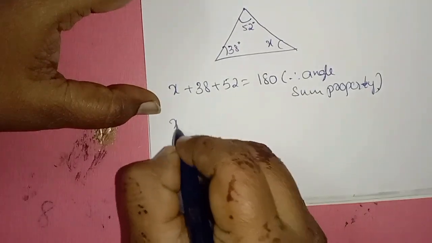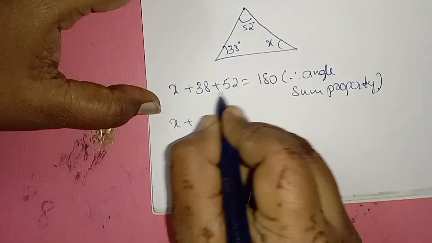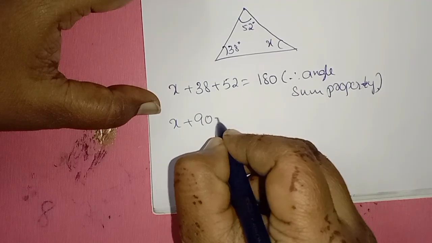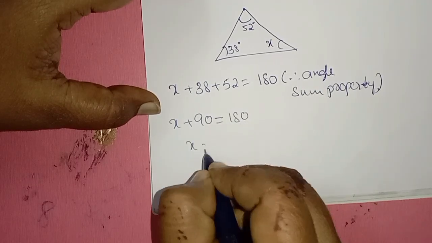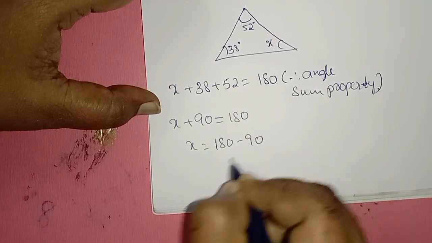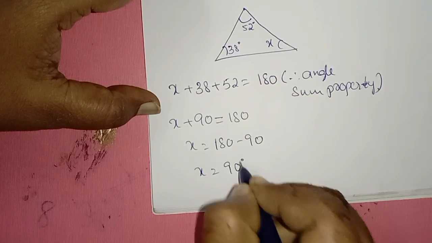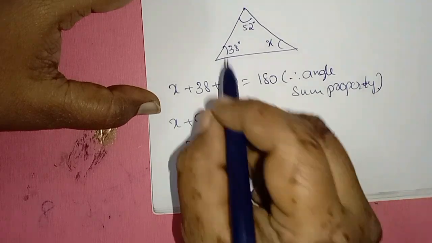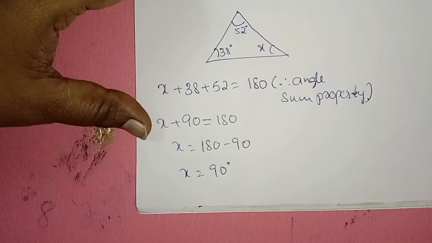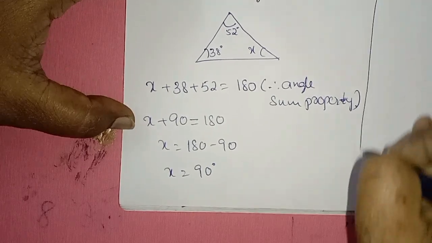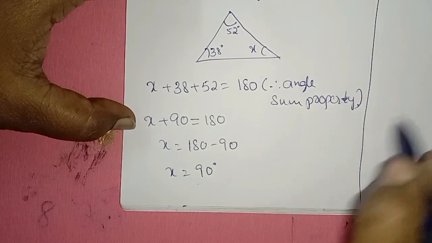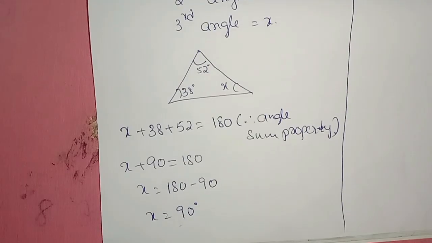So how much are you getting after adding 38 and 52? 90. x plus 90 equals 180. x equals 180 minus 90. x equals 90 degrees. Right? So it's a right angle triangle. Mistakenly we may draw some other triangle. One angle is 90 degrees, so it's called a right angle triangle. Right? You can draw any rough diagram. No problem.